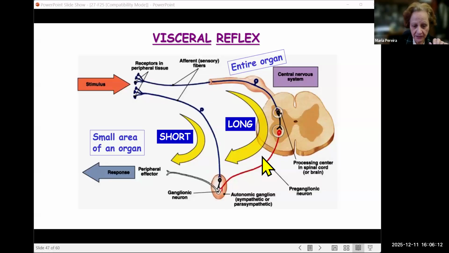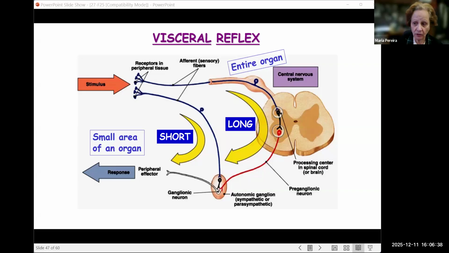The long reflex network is related to conditions where the whole organ is involved. So the same as the somatic reflex, you have the receptors at the periphery. In this case, this would be inside the body, right?